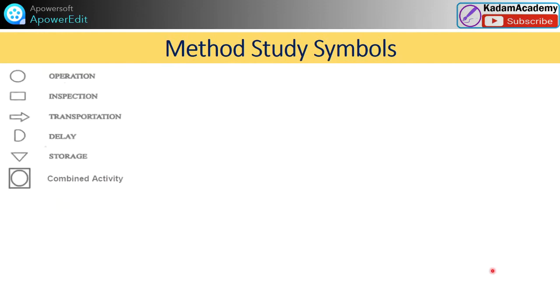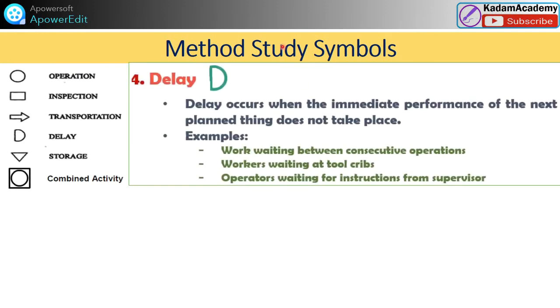The next method symbol is the delay. It is represented by a big D. Delay occurs when the immediate performance of the next planned thing does not take place. For example, work waiting between consecutive operations, a worker waiting at a tool crib, or operators waiting for instructions from supervisors.